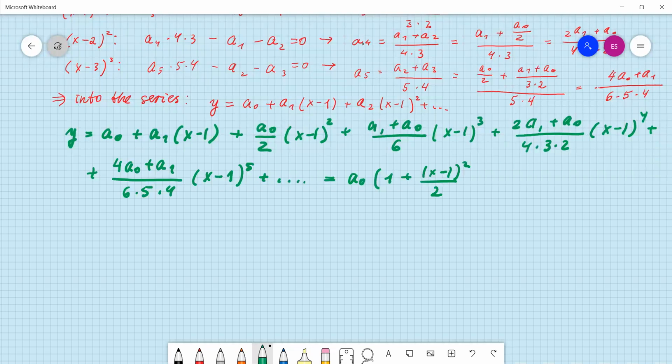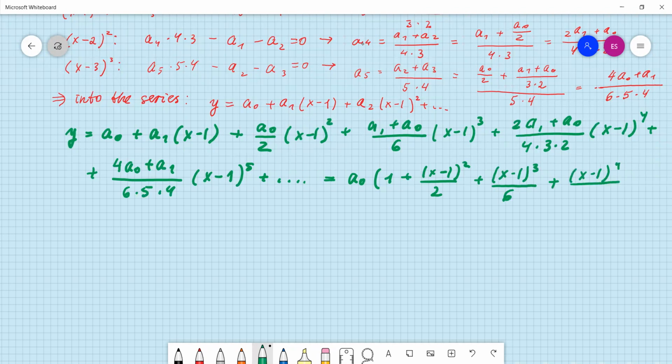Next a0 is going to come from this term, the cube, right? So it's going to be (x minus 1) cubed over 6. And next one is going to come from the next term again. We have a0 represented in all terms. Next one is going to be (x minus 1) to the power of 4.